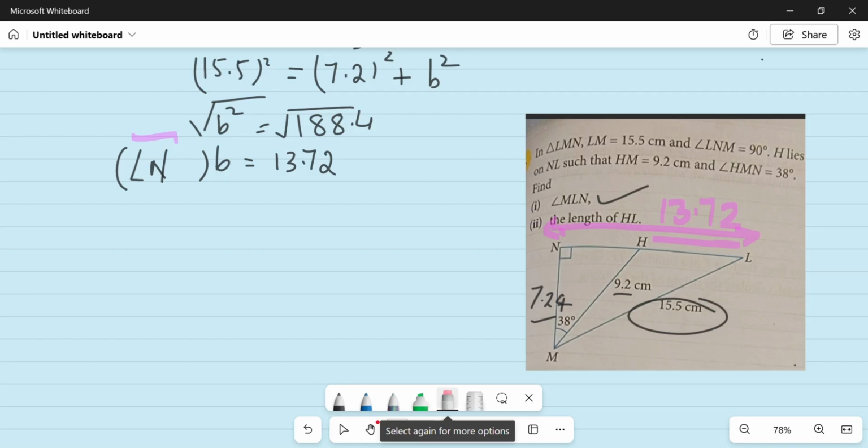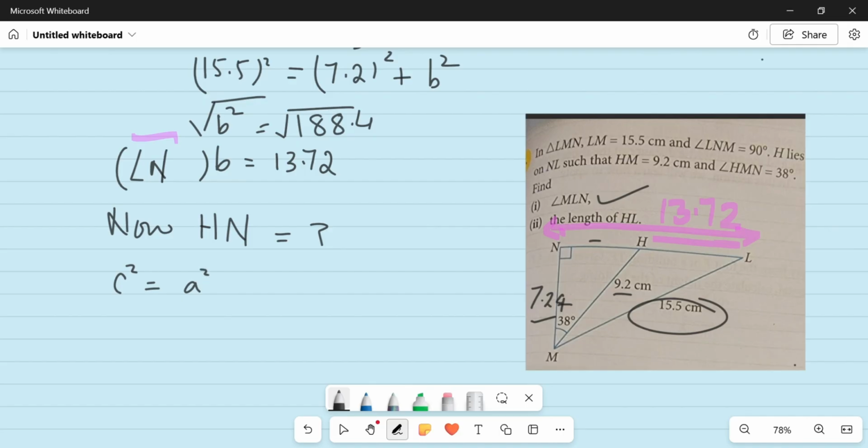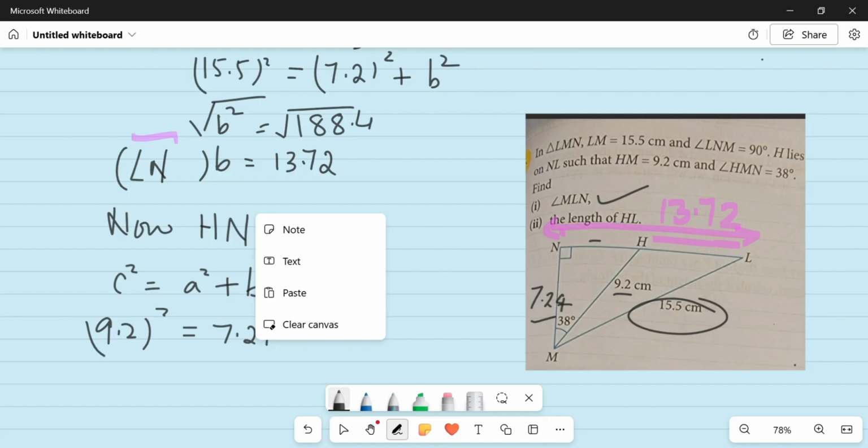After finding NL, we need to find HN. This is the question mark, HN. With the help of Pythagoras theorem, c square is equal to a square plus b square. C square is 9.2 squared, a square is 7.24 squared, and b square is the unknown part.